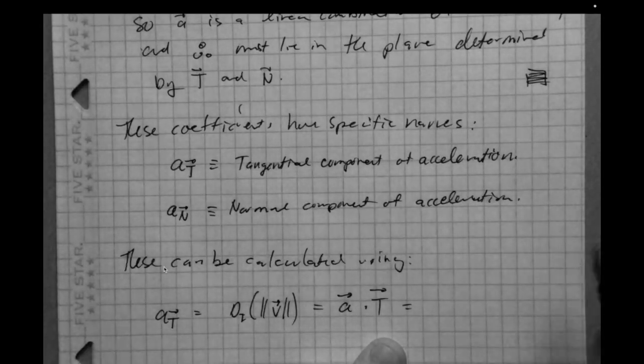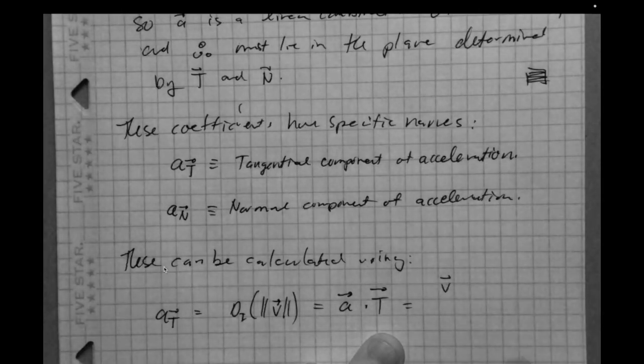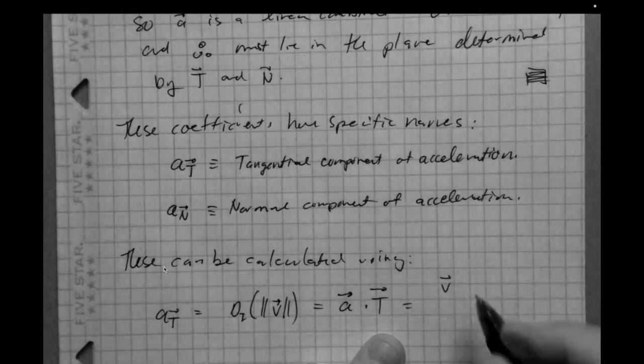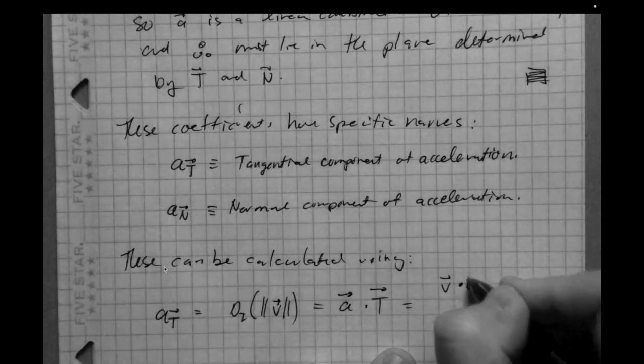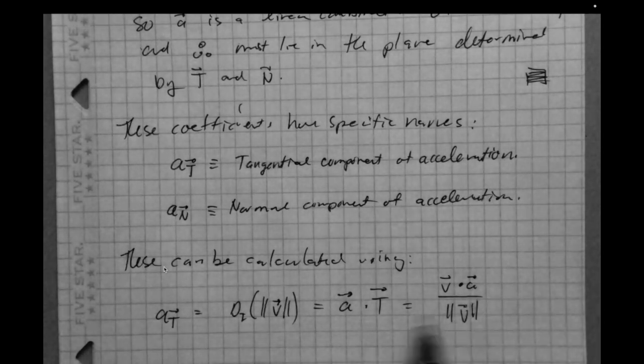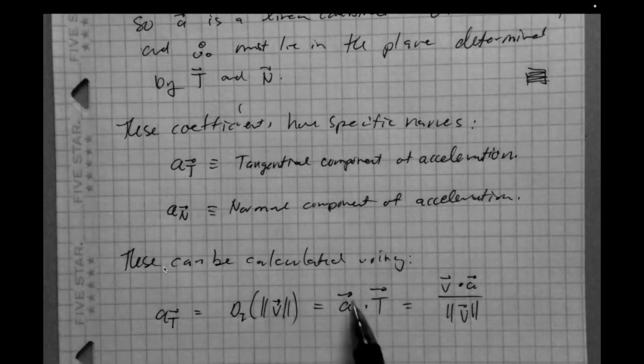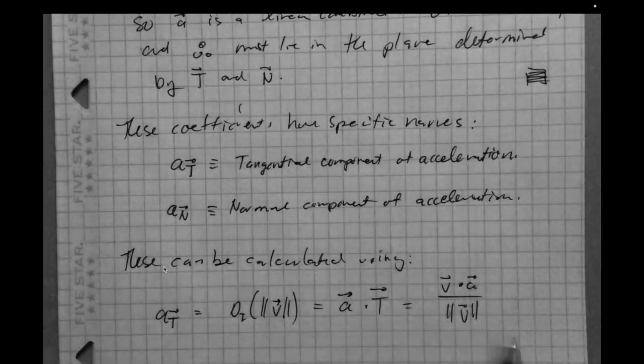Equivalently, it would be the velocity vector dotted with acceleration, divided by the norm of velocity. These are all just three ways of writing the same thing. I think if you experiment with any pair of these, you can see that they can be made equivalent to one another.